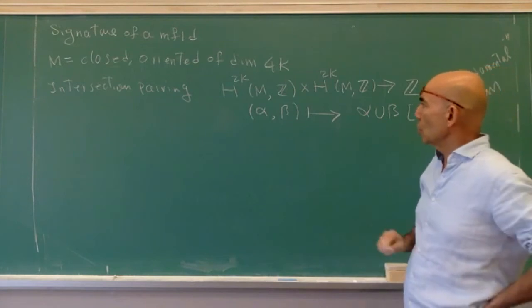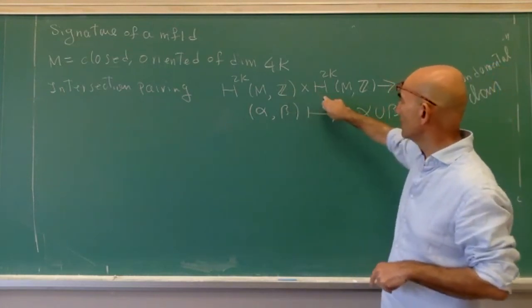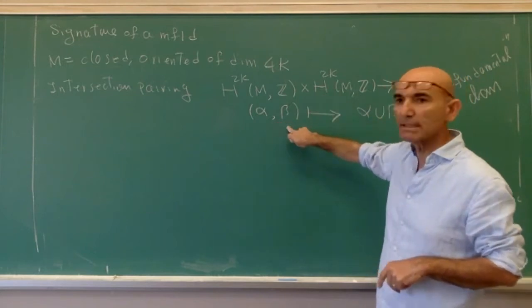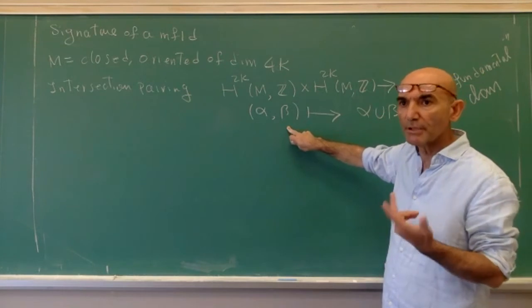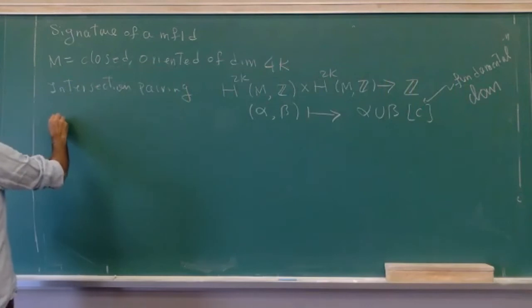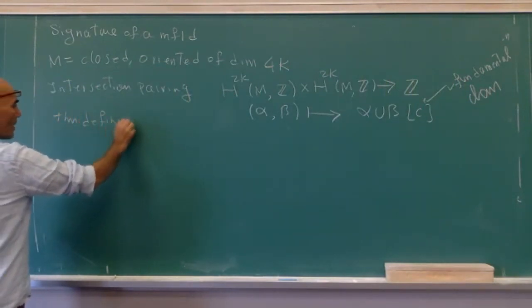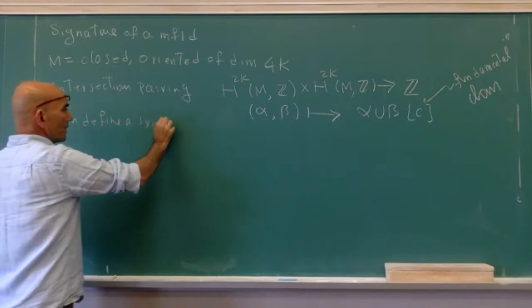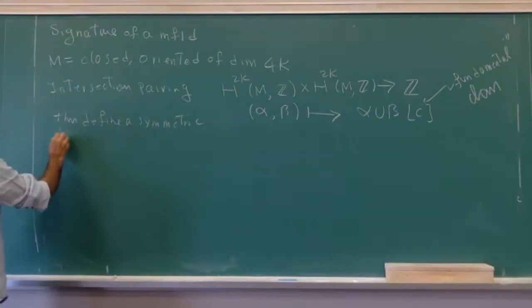Because of this dimension 2K here, this is a symmetric integral bilinear form. So this defines a symmetric bilinear form.